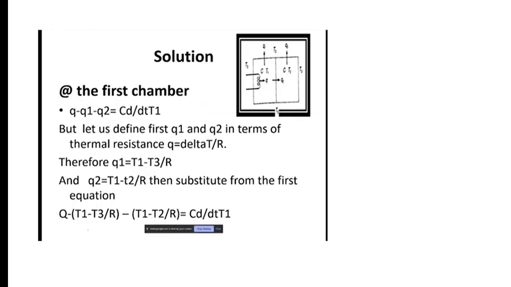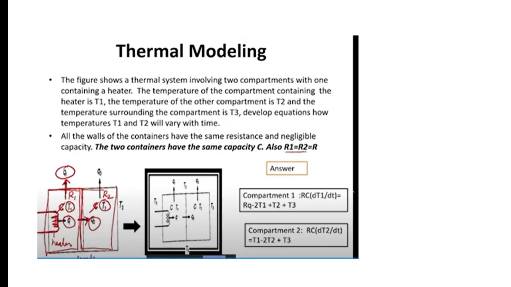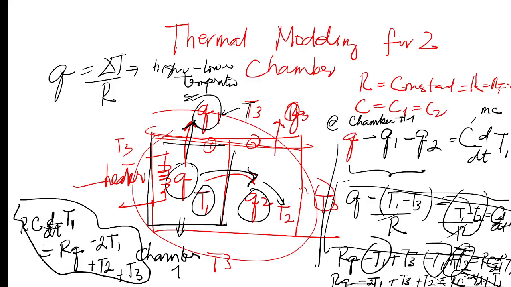So let us see if that's correct. So RC d over dt of T1, RQ minus 2T1 plus T2 plus T3. So we are correct, right? RC d over dt of T1, then RQ minus 2T1 plus T2 plus T3.